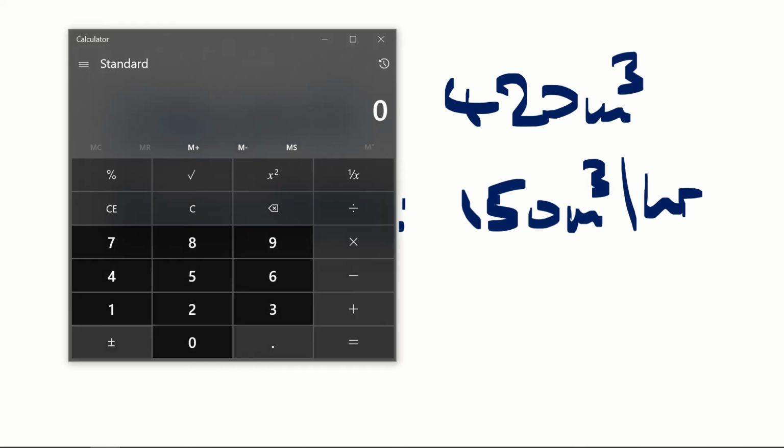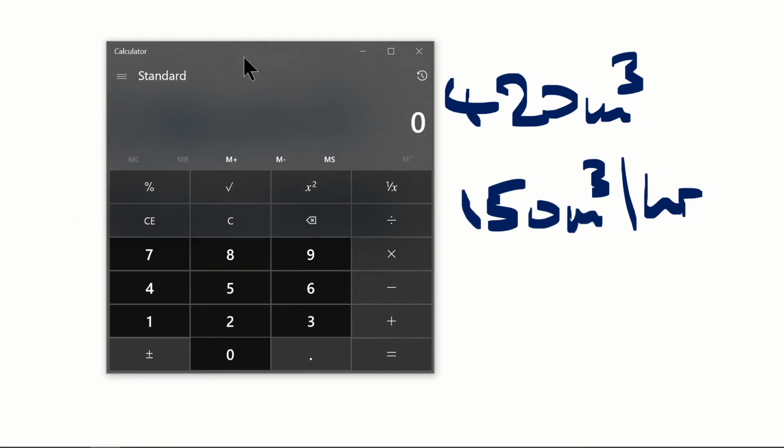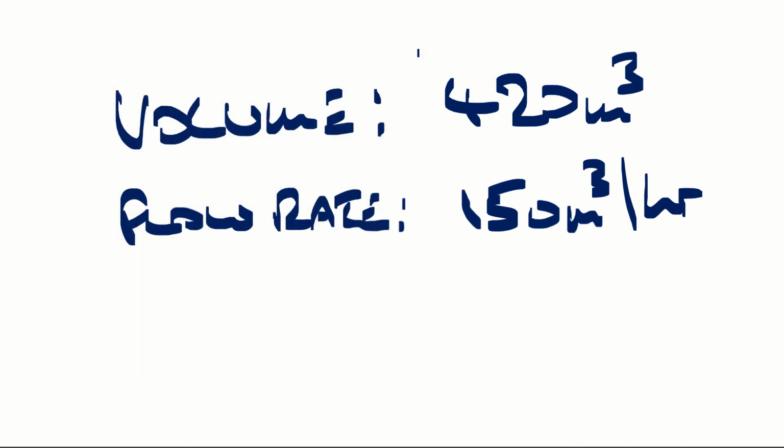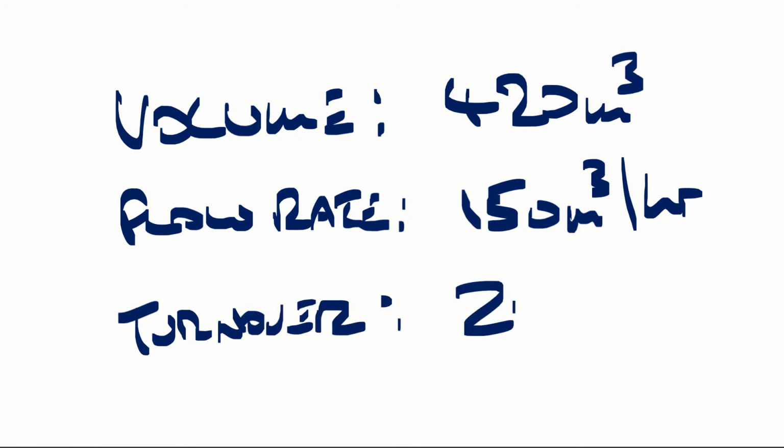So let's do 420, that's your volume, divided by 150 cubic meters per hour, which would give us a turnover time, sorry, of 2.8 hours. So turnover is 2.8 hours, which is about right for a pool of that size.